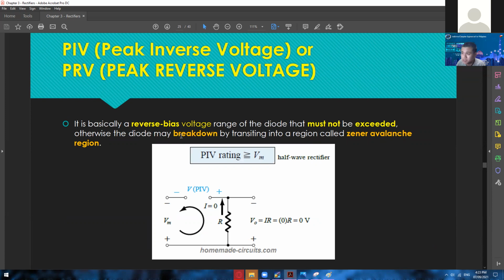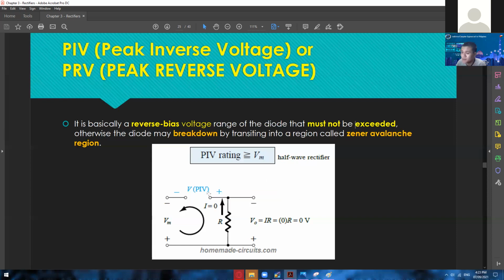So this is now the one that you are talking about, Mr. Jean Alexis. The breakdown voltage can only be attained if we have a reverse bias connection. So if you exceed that voltage, then we're going to have an avalanche or Zener avalanche region, wherein we're going to have a current that will flow, instead of just a completely open circuit.